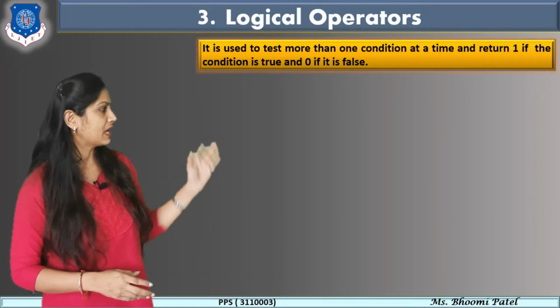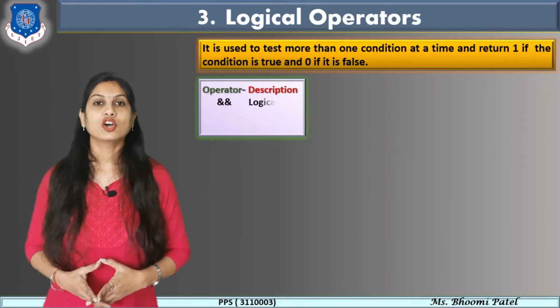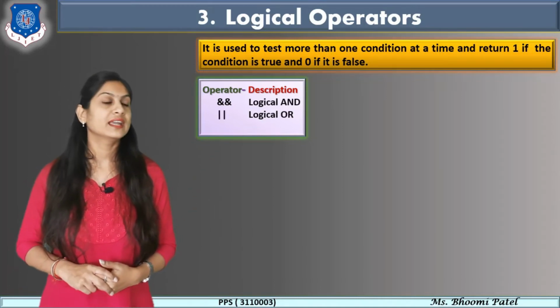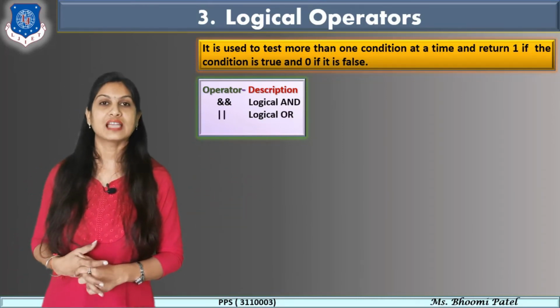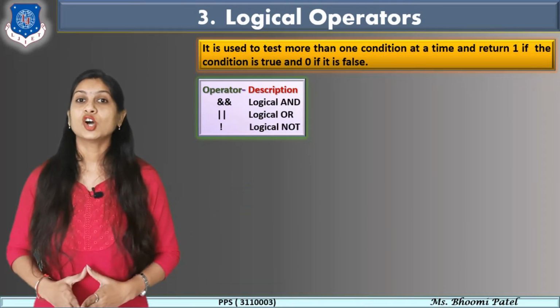Here I mention the symbols again. Double AND is the logical AND, two standing lines indicate logical OR, and the last, the exclamation mark, is NOT.